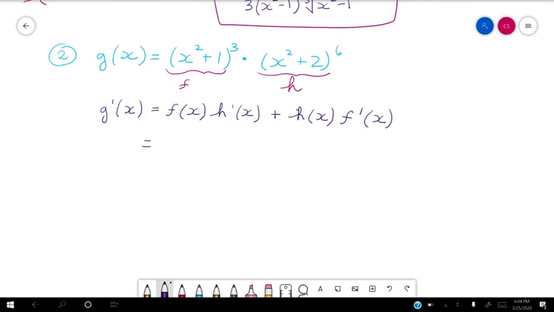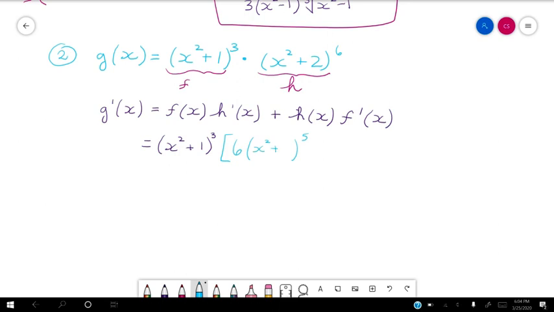So f of x is x squared plus 1 cubed. Okay, here's h. What's the derivative of h? I'll use a different color. Well, this is a composite function. So let's take the derivative of the outside function first. All right, there's our power rule.